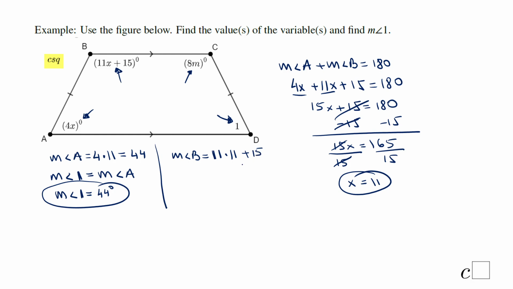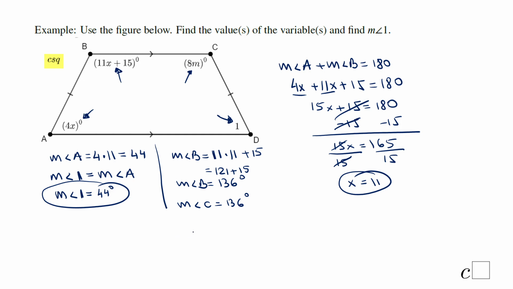So that will be 121 plus 15, that will be 136. Measure of angle B. Of course we could have done 180 minus 44. That means angle C is the same, because they are base angles, and this is an isosceles trapezoid.